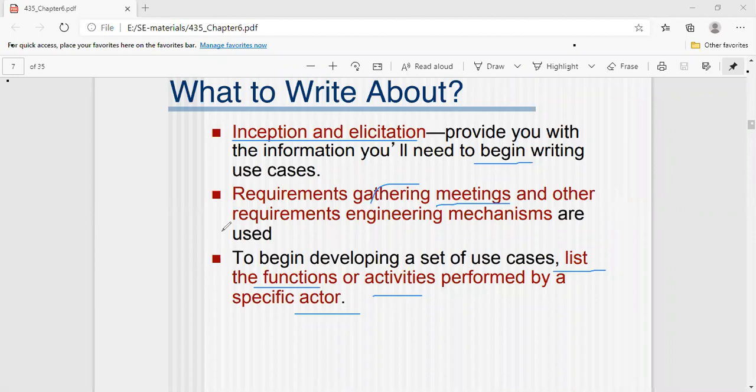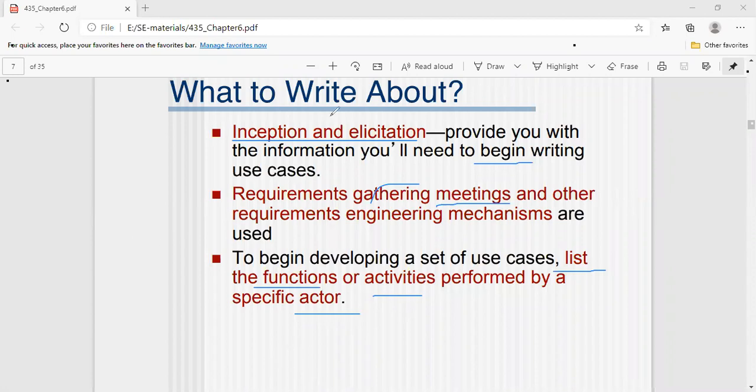Like that, you need to gather the information for an actor here. That is the first step of a use case scenario, I mean, scenario-based requirements analysis.